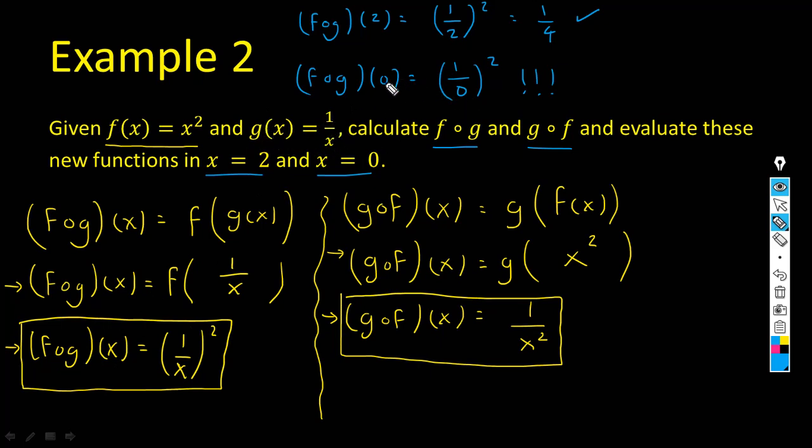So 0 is not part of the domain of f of g. And since g of f is actually the same function as this, I'm gonna get the same values, right? For these two evaluations, for 2 and 0, I'm gonna get 1/4, and I'm gonna get a crash. So we're done with the example.